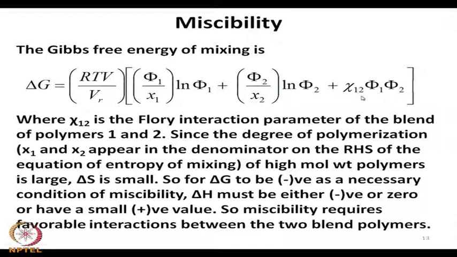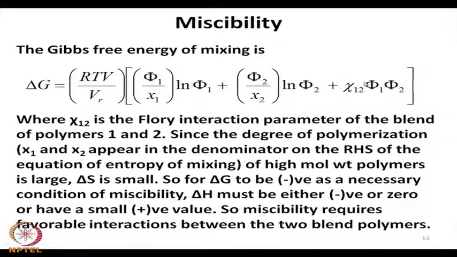Interaction can be of different nature or a sum of different types of interactions between the two component polymers. That can be through some chemical reaction of the two functional groups of the two different polymers, or there can be hydrogen bonding, there can be entanglement between the segments of the two polymer chains, or there can be van der Waals interactions or secondary interactions arising out of the London dispersion force.